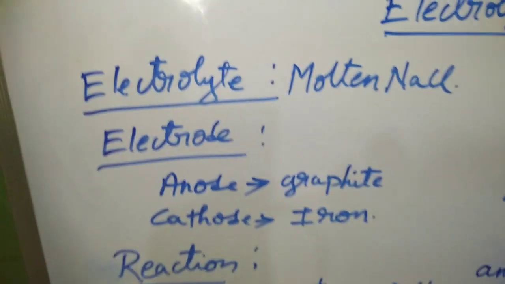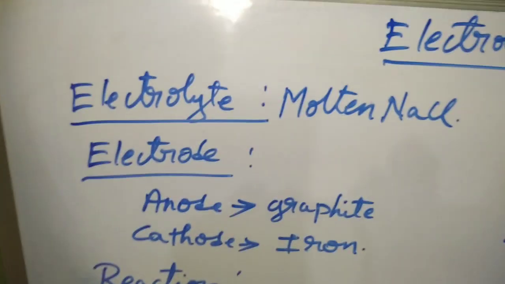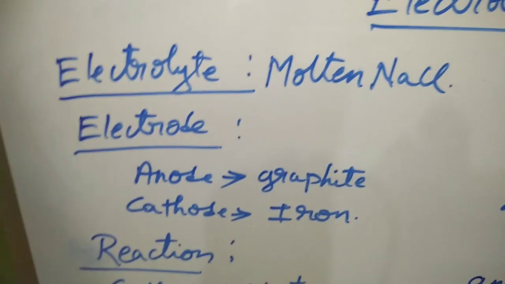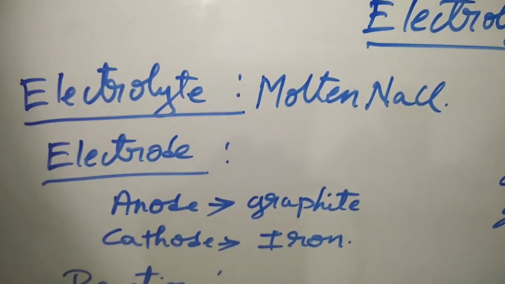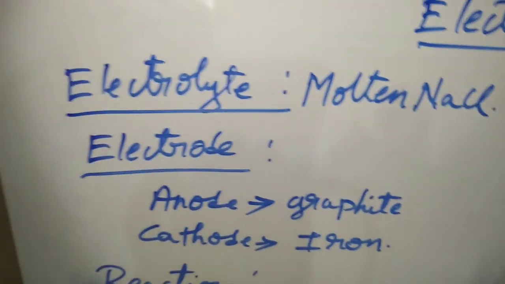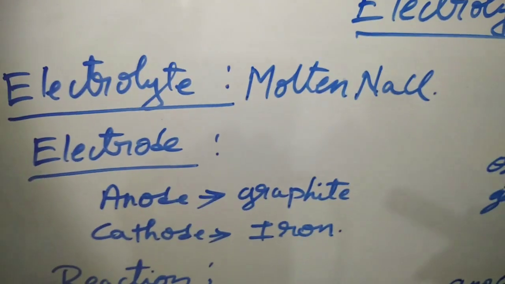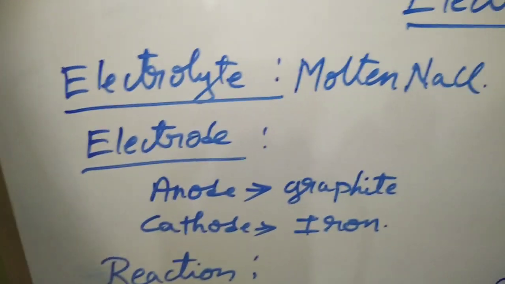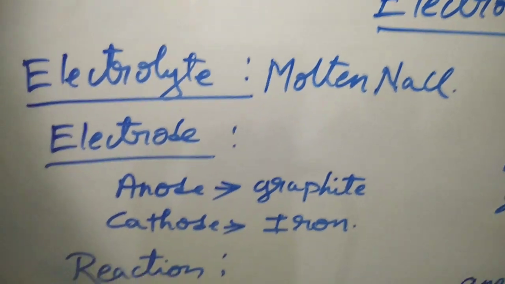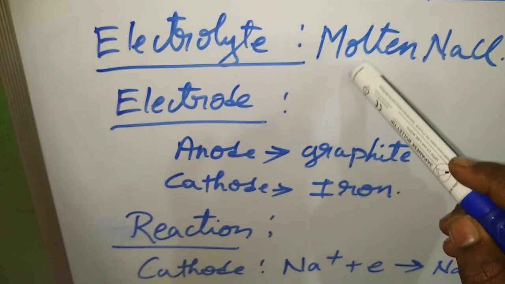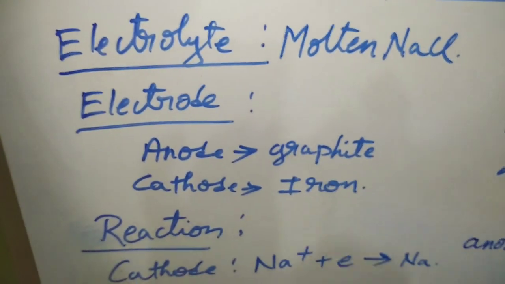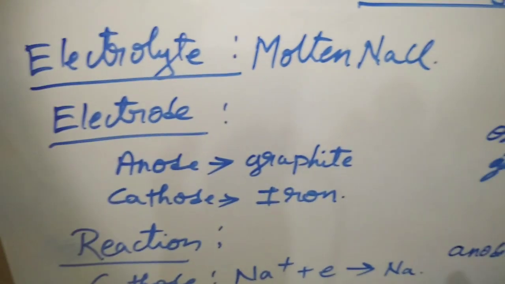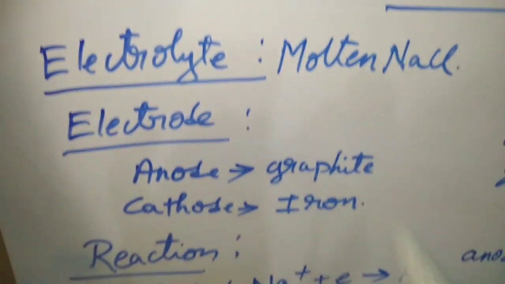Now see students, the next example is molten NaCl. Now you may ask why molten? Because molten NaCl presents ions. What? Na plus and Cl minus. Okay students, that's why we take molten NaCl. In other cases also, molten calcium chloride or any ionic compound should be in molten form.